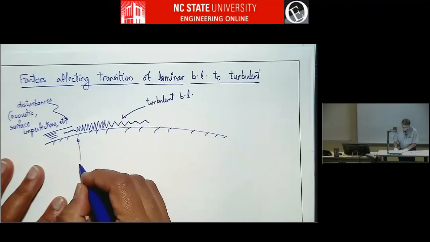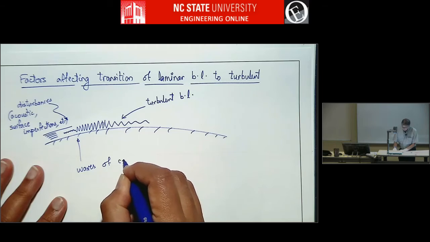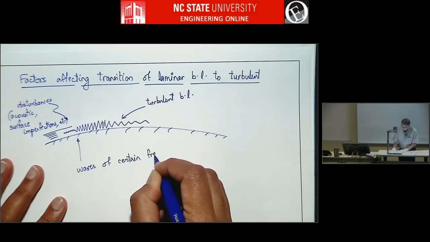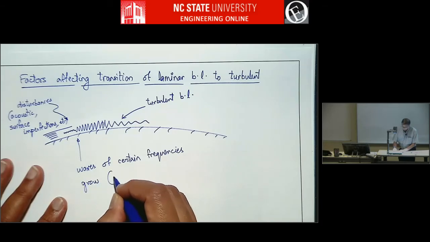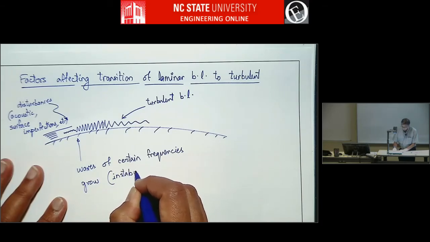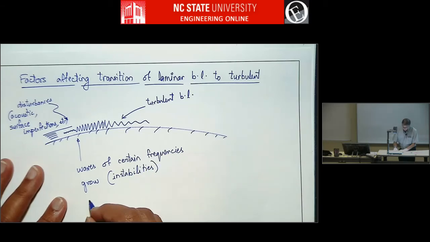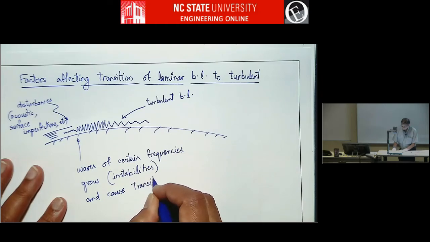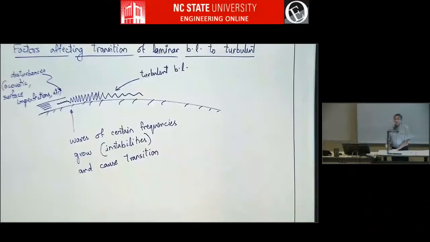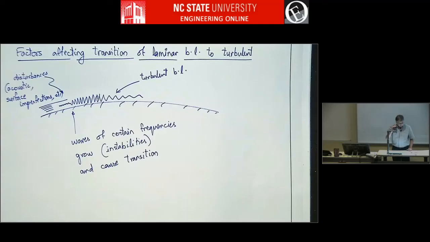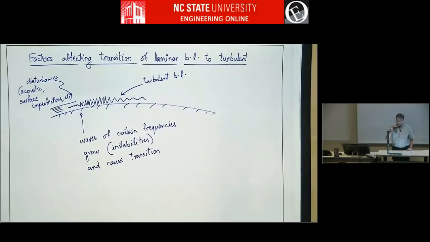So what happens here is that waves of certain frequencies grow because of instabilities and eventually cause transition. So what we are going to do now is think about what are the factors affecting this process.